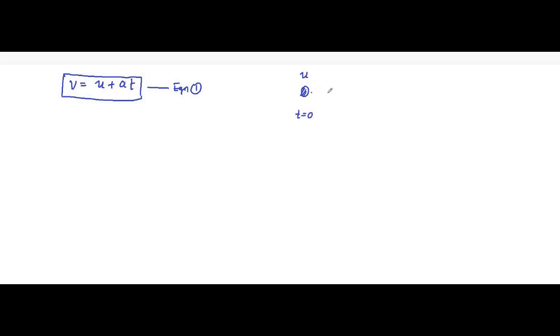It traveled in a straight line with constant acceleration a, and at this point attained a final velocity v after a time duration of t seconds. Now let's say in this t seconds the displacement which occurred is s meters, or whatever units you want to take.